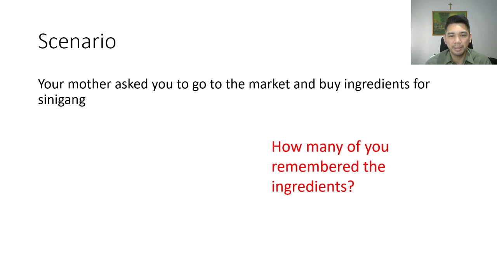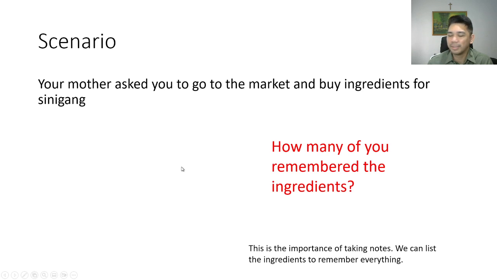So, may malaking chance na hindi nyo naalala yung mga ingredients. So, in cases like these, ang important na kailangan gawin is we have to take down notes. Kapag nilista natin yung ingredients on a piece of paper, pwede tayong pumunta sa market at mabibili na natin yung kailangan natin kasi nakalista sa isang papel. Babalikan mo na lang kung ano yung mga kailangan.